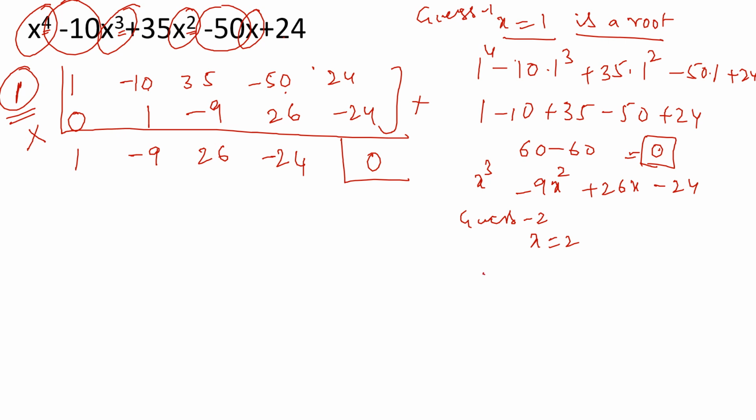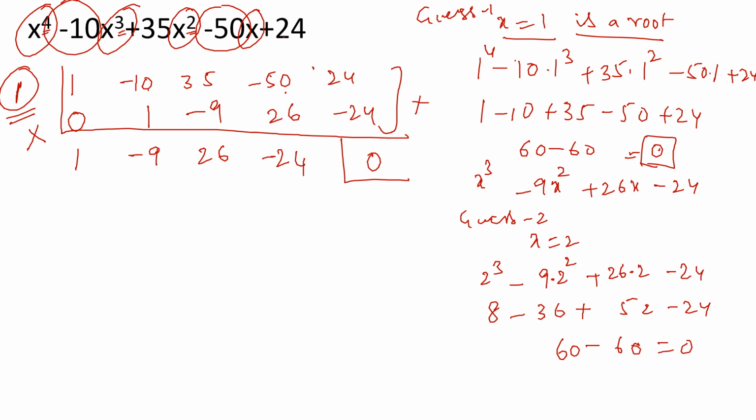So if you substitute x equal to 2 here, you will get 0. 2 cube minus 9 into 2 square plus 26 multiplied by 2 minus 24. That is 8 minus 9 fours are 36, 26 twos are 52, minus 24. 52 plus 8 is 60, and 36 plus 24 is 60.